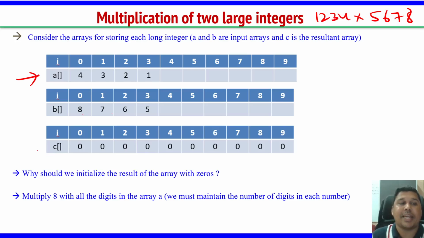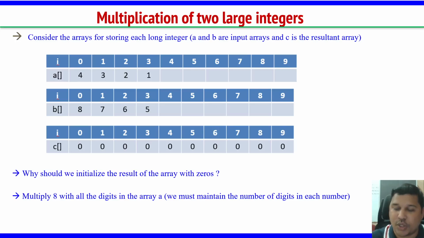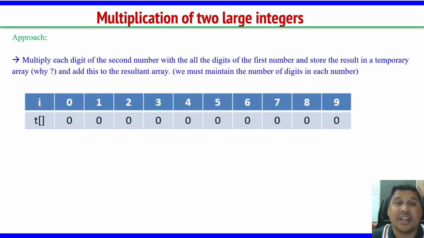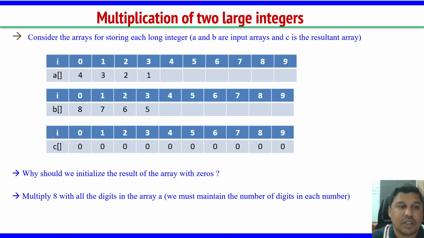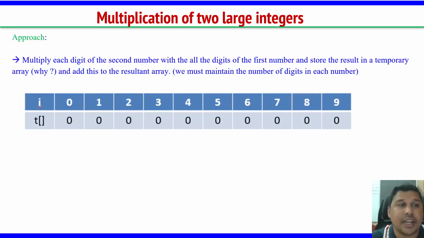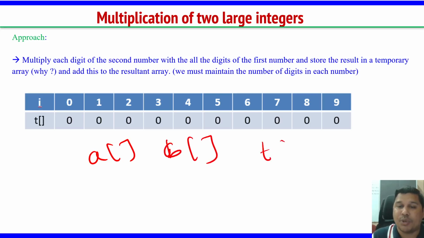Now I am taking a temporary array C. See, I have filled the temporary array C with all zeros. Initially fill it with all zeros. Now take another array T, and fill it with all zeros as well. So you have the A array which is number 1, the B array which is the second number, then two arrays T and C. Why?